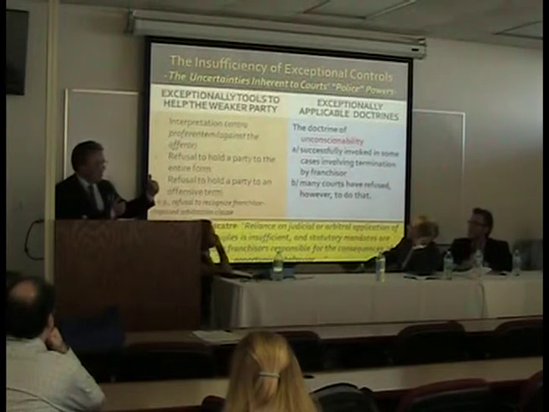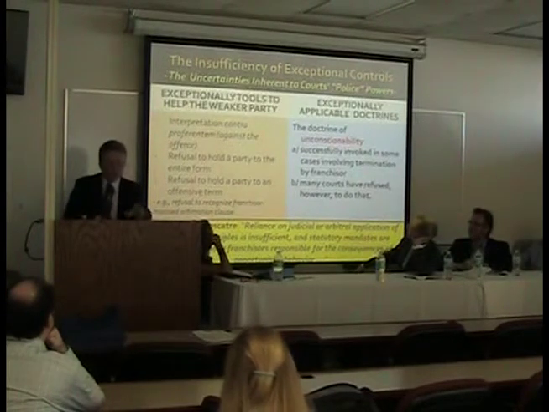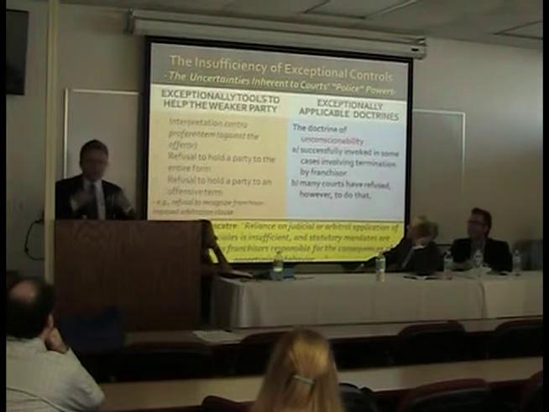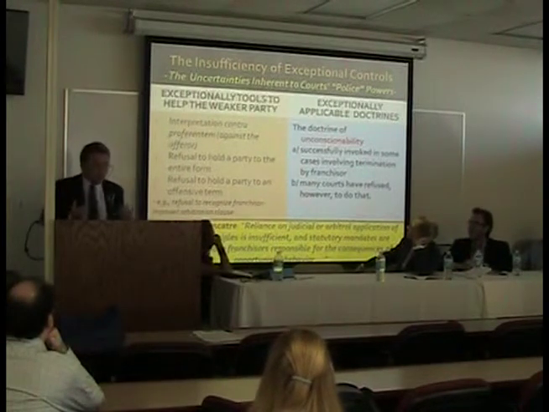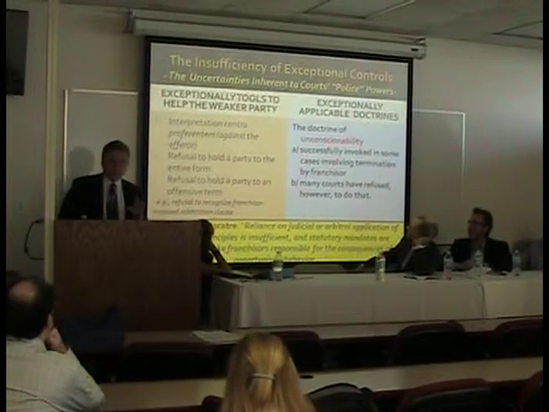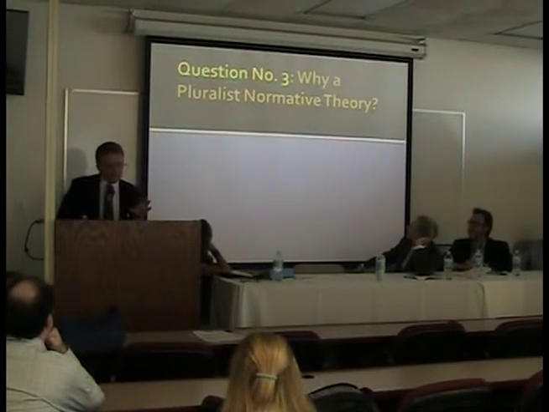We have heard during yesterday's presentations and today a couple of times the doctrine of unconscionability mentioned, that it's very vague. You have problems, and I can refer back to that. So in other words, obviously, these exceptionally applicable contract doctrines are not necessarily appropriate to handle the franchise asymmetry.